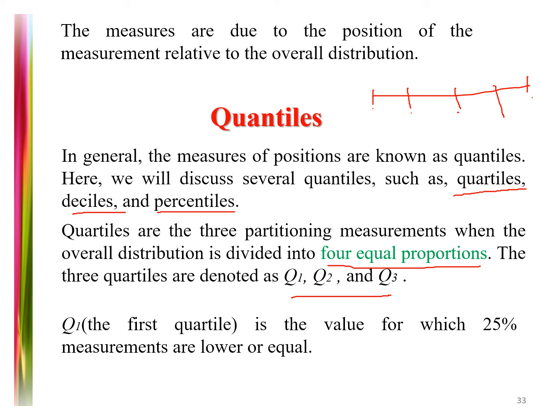Q1, the first quartile, is the value below which 25% of the measurements fall, lower or equal. This is the first quartile cutoff point, and 25% of the measurements fall in this interval.